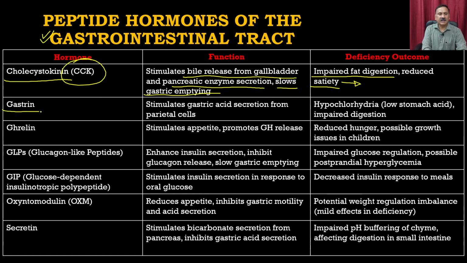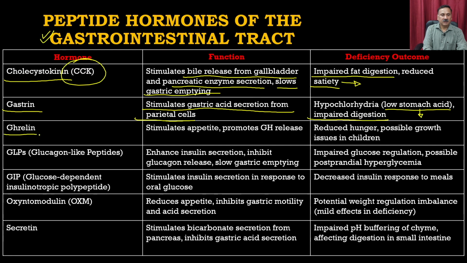Then you also have gastrin. Gastrin is going to stimulate gastric acid secretion from the parietal cells, and if there is a deficiency of gastrin, it is going to form low stomach acid, which means reduced production of HCl, and that also affects digestion.